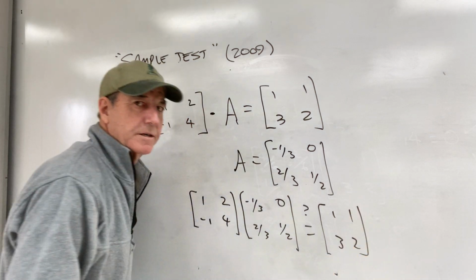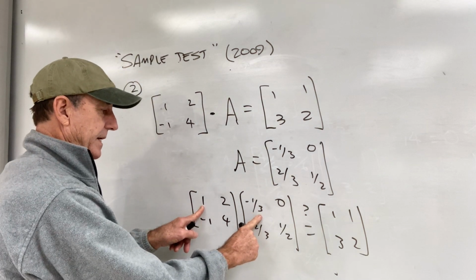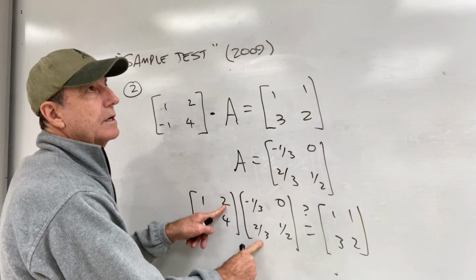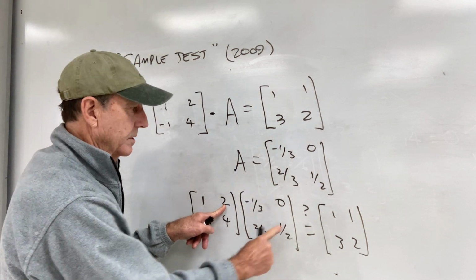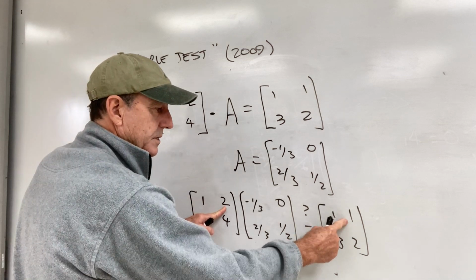So this is just a check to make sure that we got it done right. So let's see. This is minus 1/3 plus 4/3. So 4/3 minus 1/3 is 3/3, and that's right. That's 0, and that's 1, that's right.